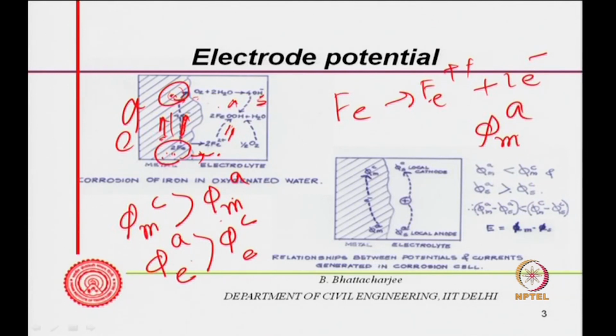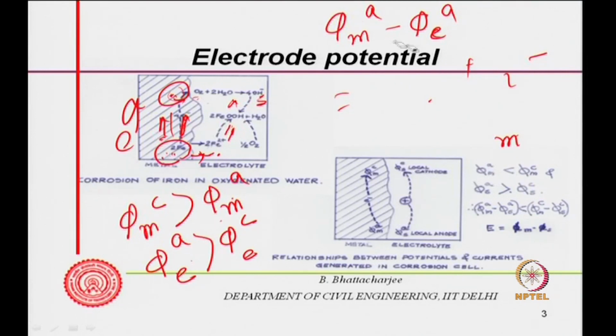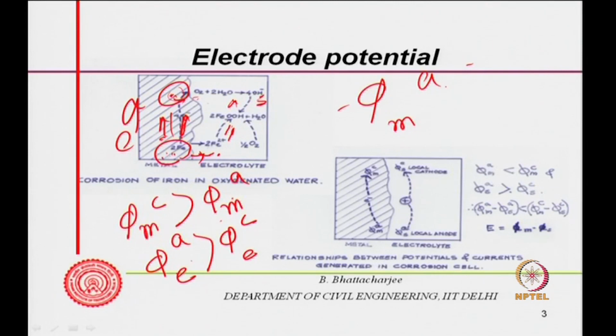Now, let me subtract the potentials. At the anode itself, find the potential difference: phi metal anode minus phi electrolyte anode.